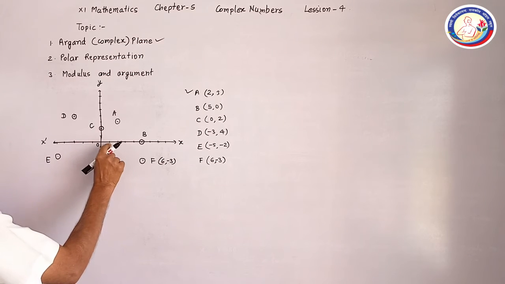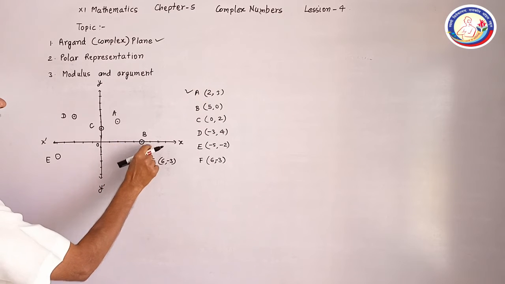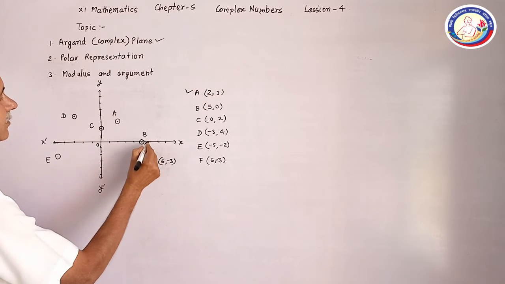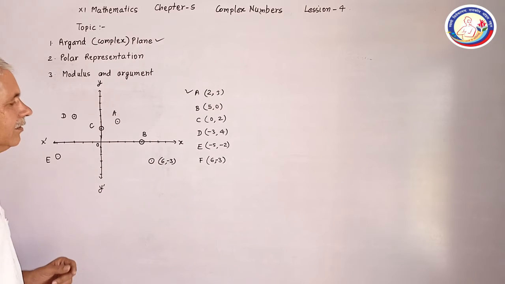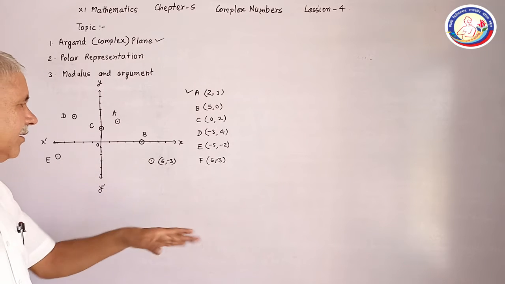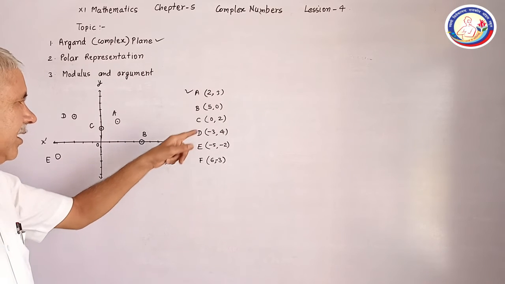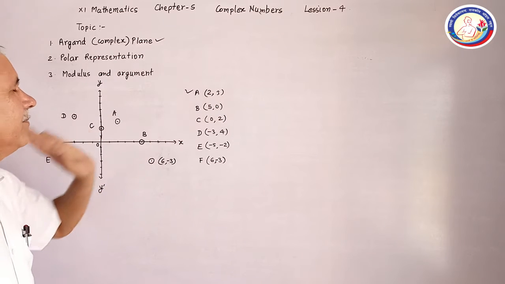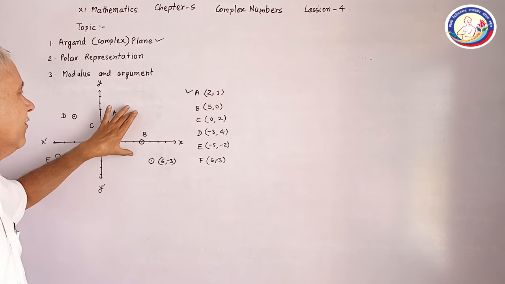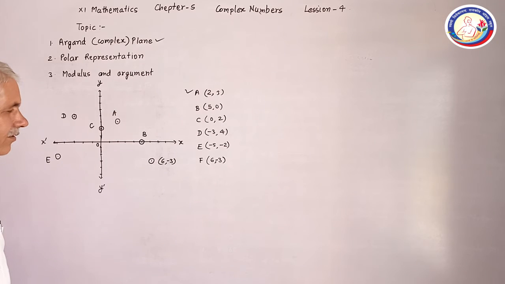Sorry, 1, 2, 3, 4, 5, 6 minus 3. This will be the point, 6 minus 3. In this way, we can draw any point which is given to us in the form of an ordered pair on any xy plane or Cartesian plane.